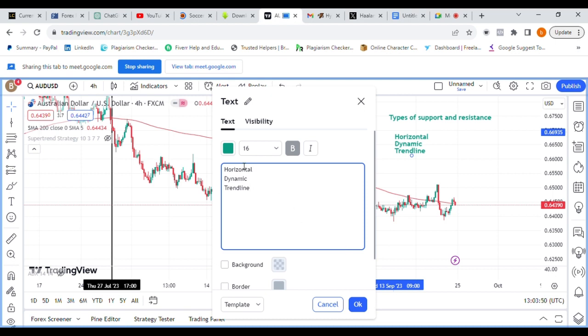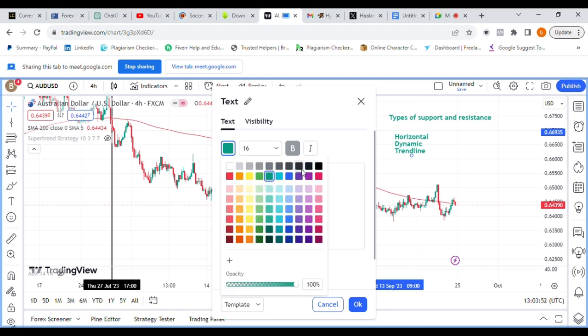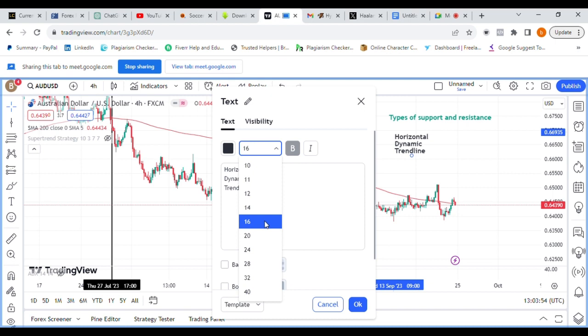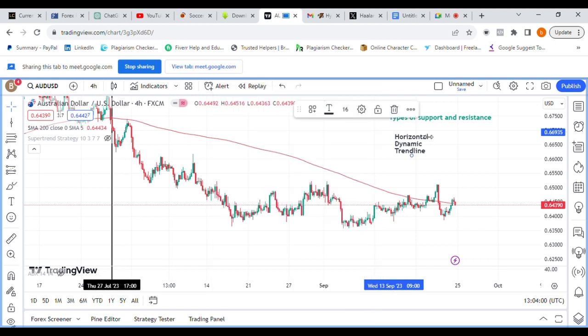Okay. So these are the types of support and resistance.